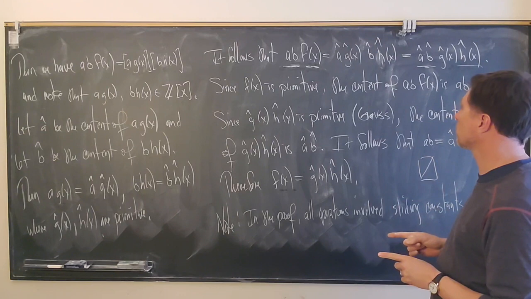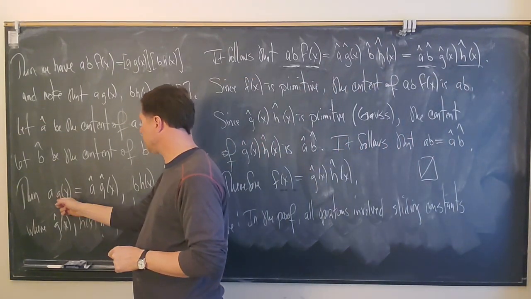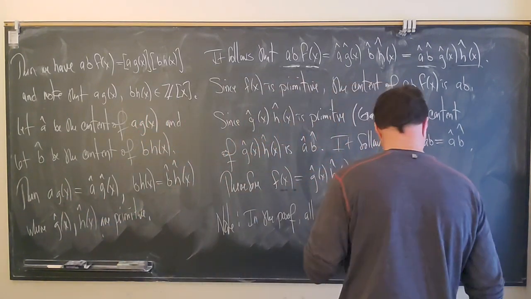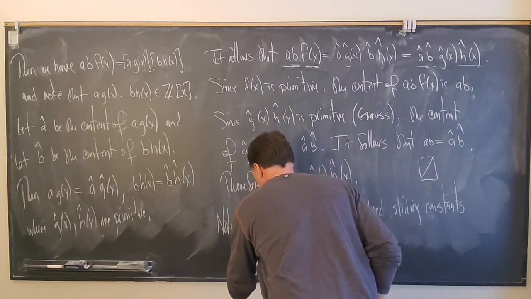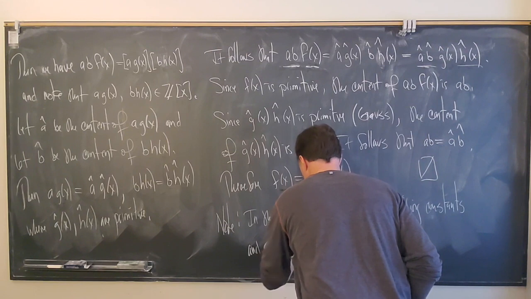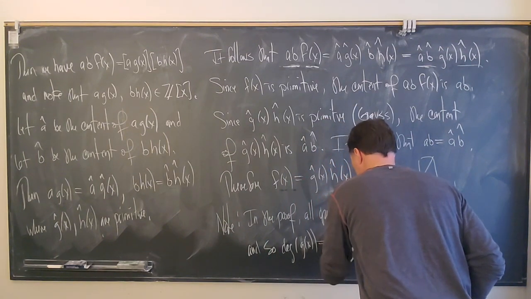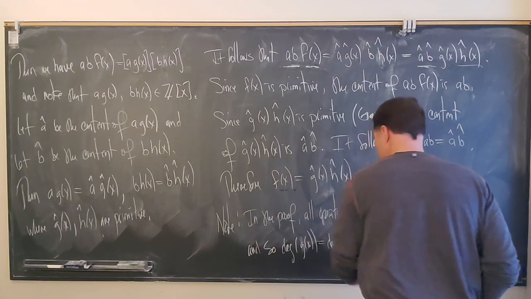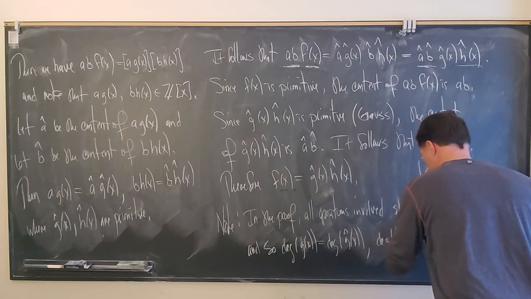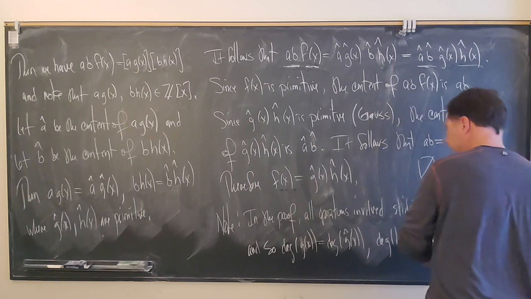In other words, the degree of g of x matches the degree of g hat, same with h and h hat. So we can say the degree of g of x equals the degree of g hat of x, and the degree of h of x equals the degree of h hat of x.